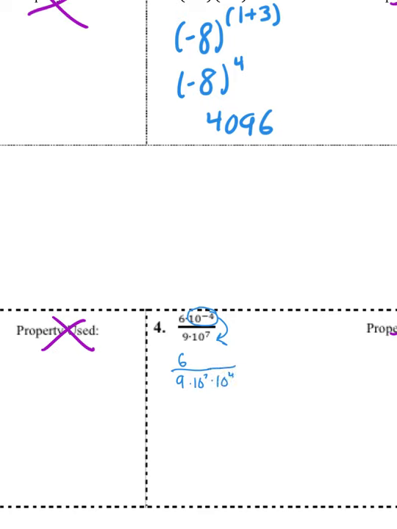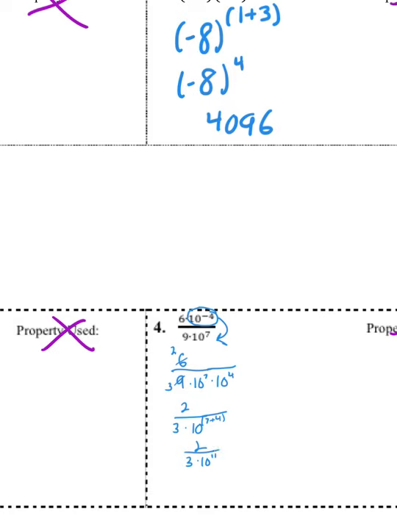That's how you get rid of a negative exponent. And then 6/9 could technically simplify a little bit. That could become 2/3. You get 2 over 3 times 10 to the 7 plus 4. So it becomes 2/3 times 10 to the 11th.